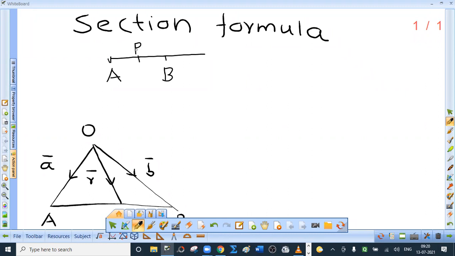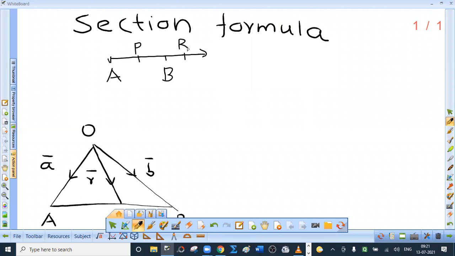Note that if we consider vectors, then AP bar and PB bar are in the same direction. Suppose the point R does not lie on segment AB but lies on line AB.